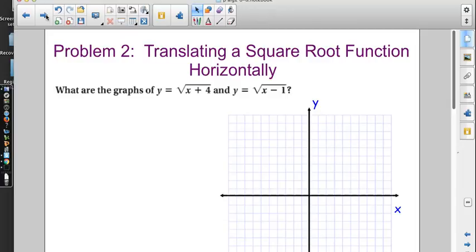So now, I look at this one, and I'm hoping this is super easy, like the last one. The only way to know that is to know what A is. Is A still 1 in this? Oh, you betcha. We're using that same shape, same table. 0, 0, 1, 1, 4, 2, 9, 3.